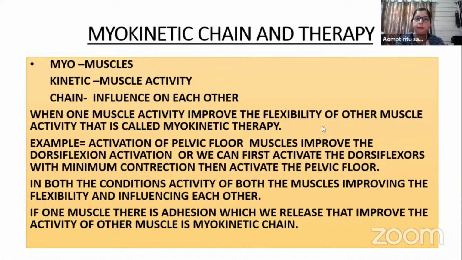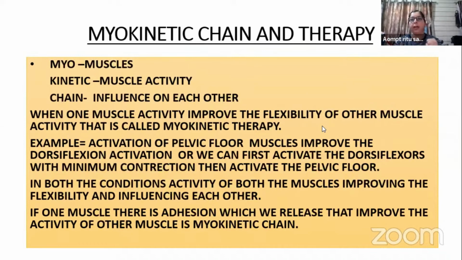For example, activation of the pelvic floor muscle can help if the patient is not able to do dorsiflexion and plantar flexion. At that time we instruct the patient to train the pelvic floor contraction. After that, we see, and this is not only theory, we have checked on our patients, that it is improving.